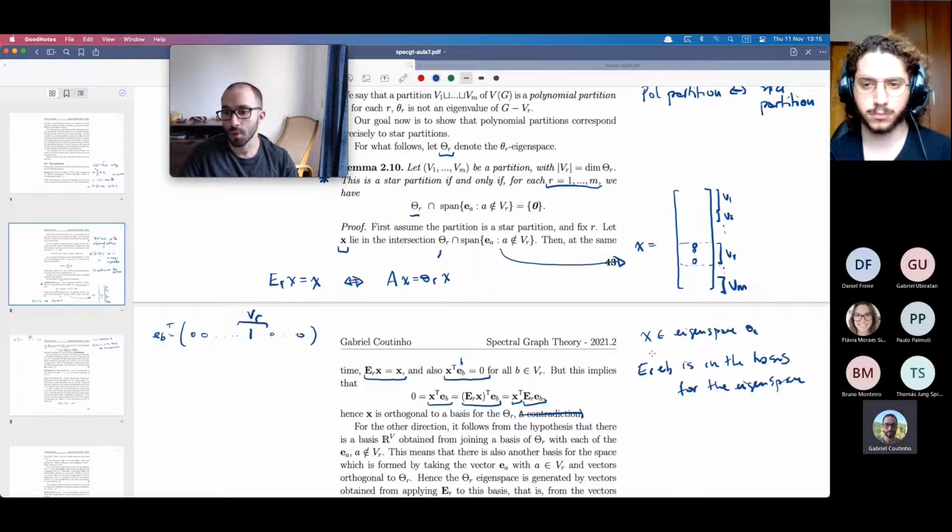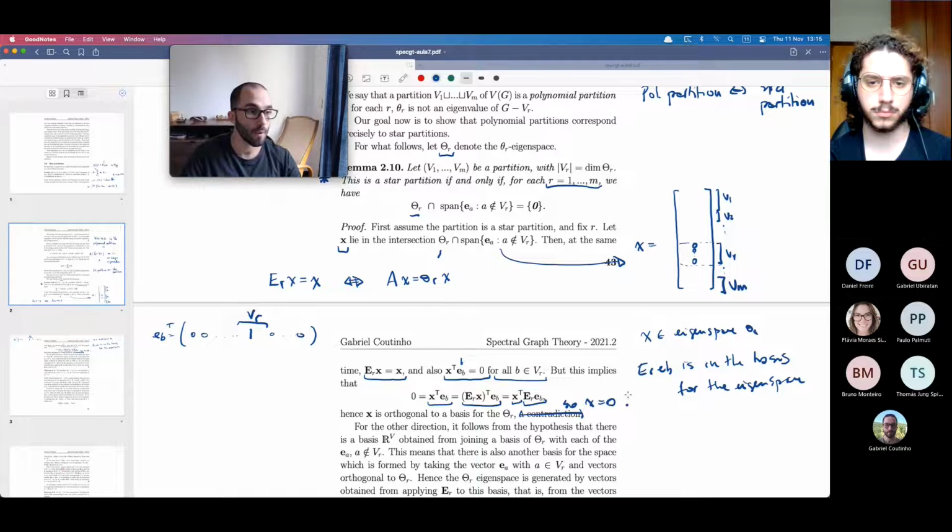This is true for all b, so this cannot be true for all b. x cannot be orthogonal to a basis of the space it lives in, unless, of course, x is equal to 0, which is what we wanted to show. All right, any questions?